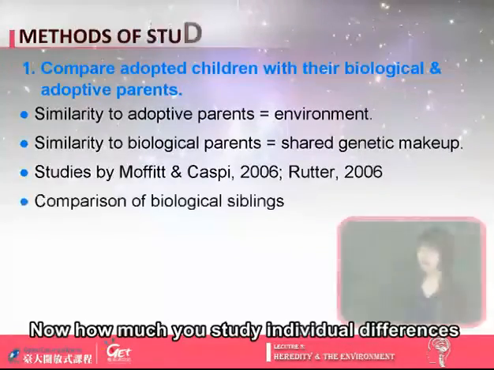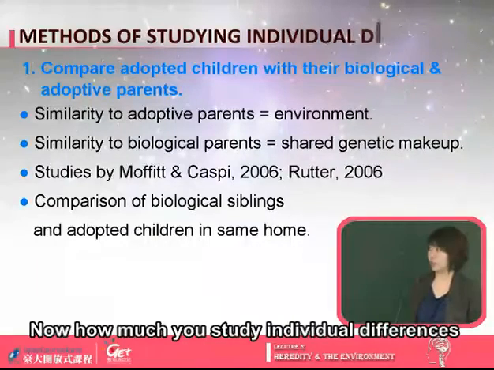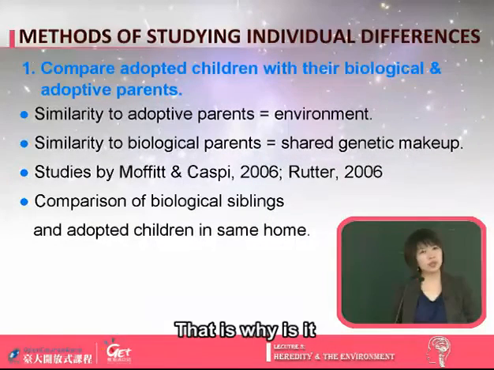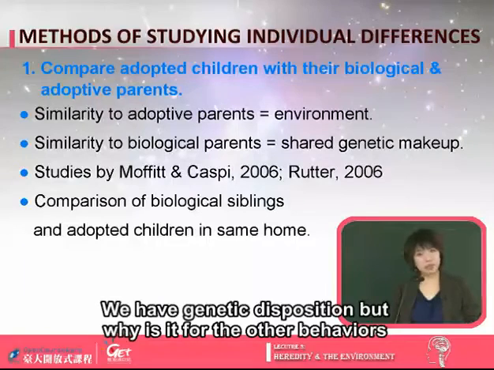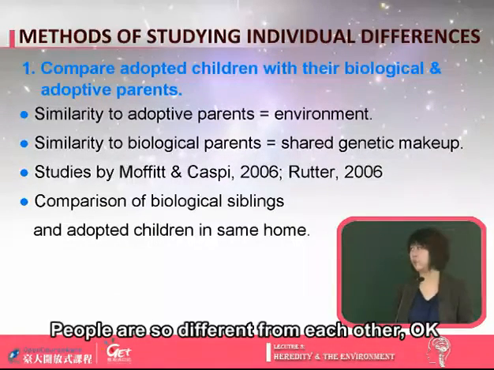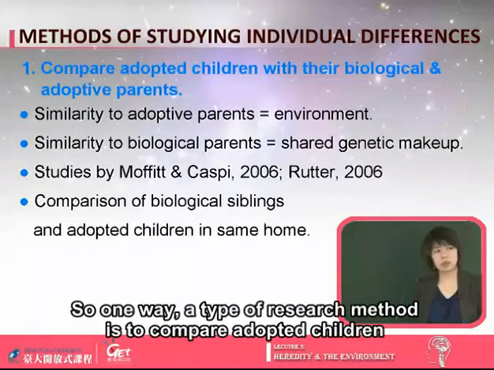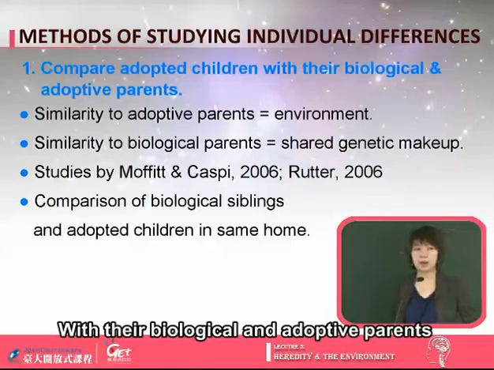Now, how might you study individual differences? That is, why is it we have genetic disposition, but for other behaviors, people are so different from each other. Okay? So one type of research method is to compare adopted children with their biological and adoptive parents.